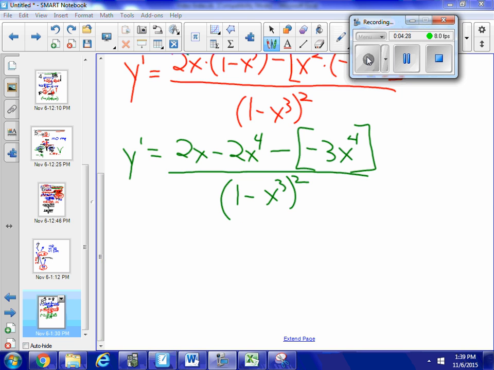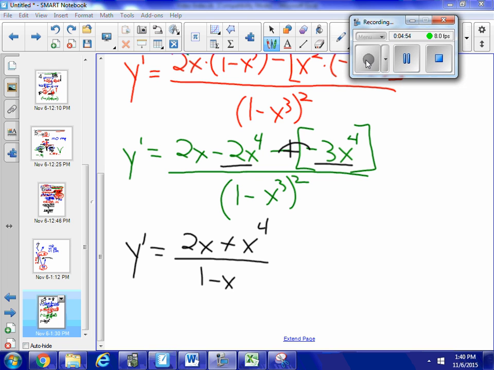So I have some like terms I can deal with here. Y prime is equal to 2x. Well, these two minuses are going to be a plus. So I have positive 3x to the fourth minus 2x to the fourth. So I have plus x to the fourth, divided by 1 minus x cubed squared.